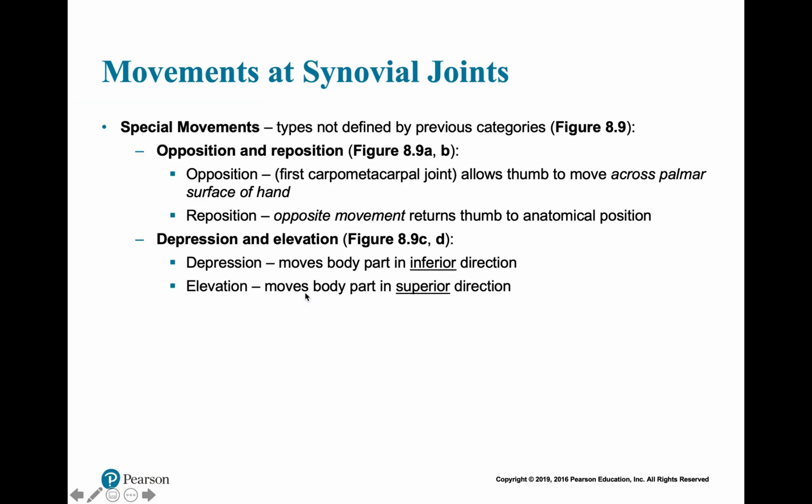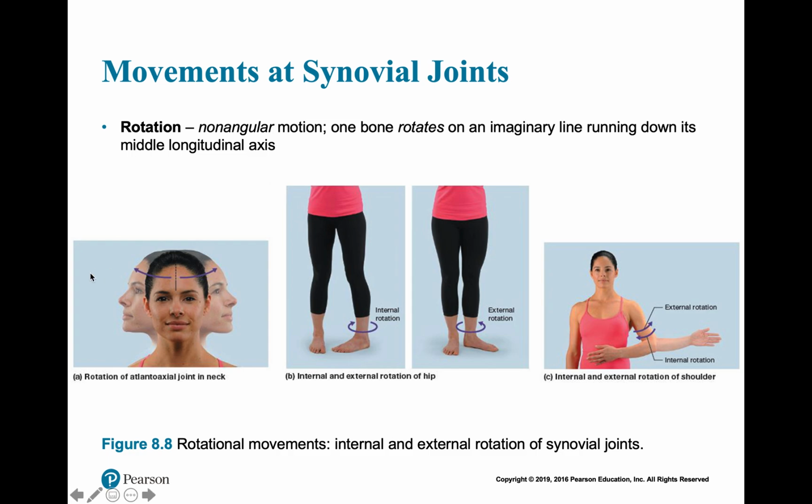How could I ask about these movements on the test? I could describe them. For example, what's the specific movement when you turn your head from right to left, as in a no movement? If you signal no to someone with your head, what is that called? Rotation. What bones allow for that rotation?